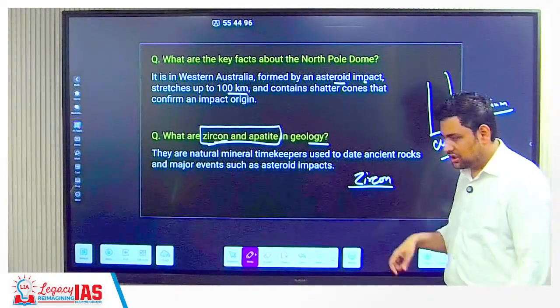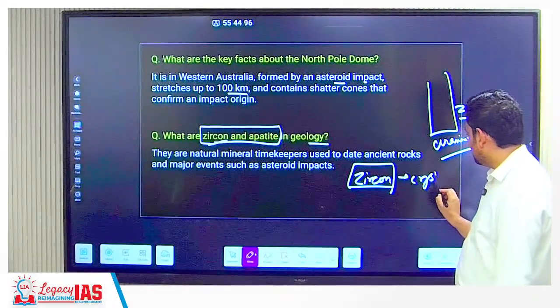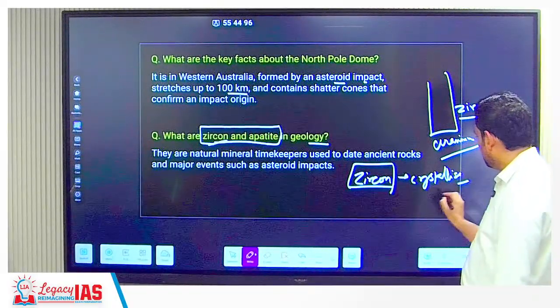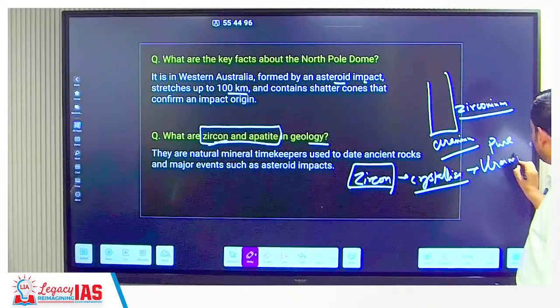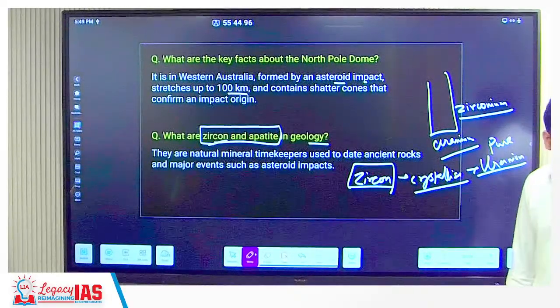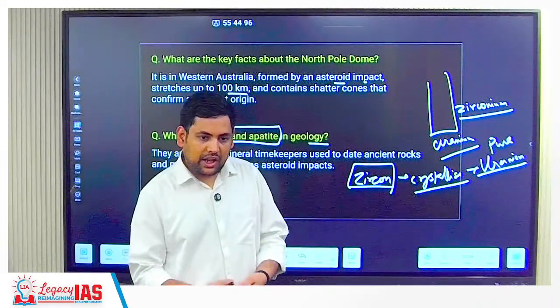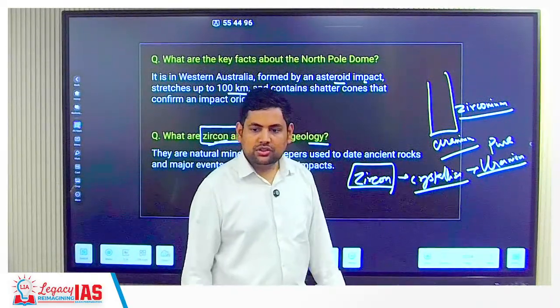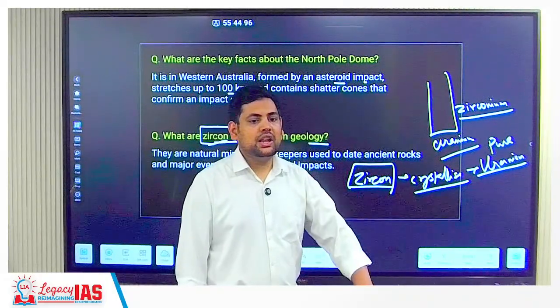Now, this zircon has a special property that when it crystallizes for the first time, it takes in only pure uranium. Now over time, after many years, we pull this out and see how much uranium is now there, how much is pure uranium, how much has converted.